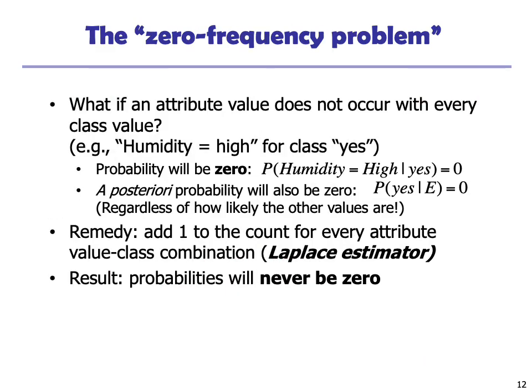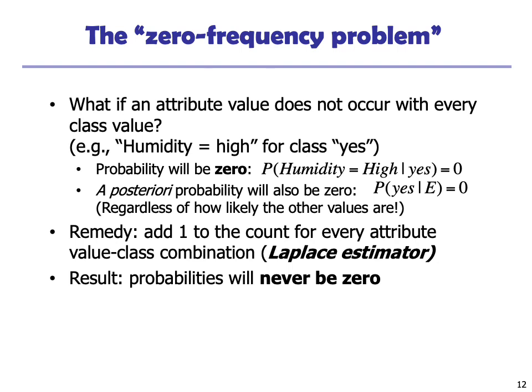So if one particular attribute's value does not show up in the training set in conjunction with every class value, then we end up having a problem called the zero frequency problem. So if, for instance, humidity equals high only occurs with class no, then we're going to end up having a probability of 0 for P of humidity equals high given yes.